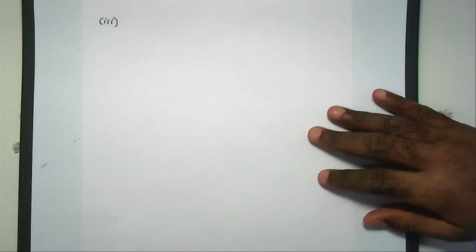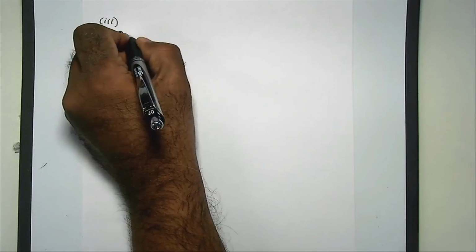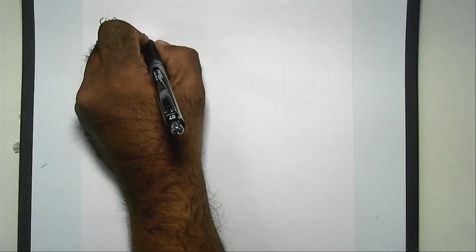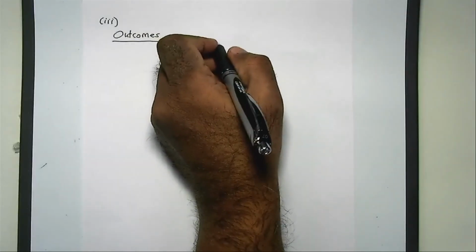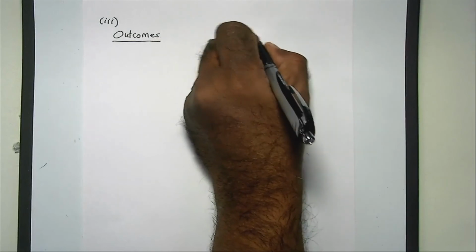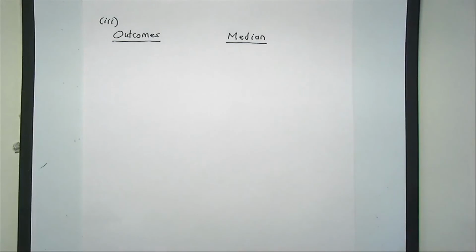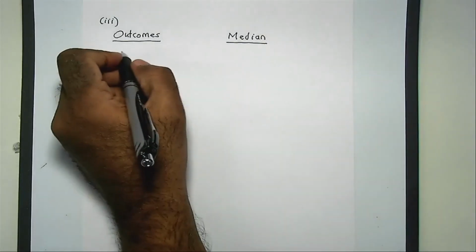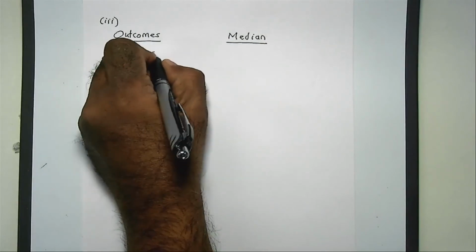All right, so I'm going to start a new table here. The first column are the outcomes. And the second column is, let me call it median. Remember, median is the middle value when you order the data. Right? So outcomes are the same as before, which is 3, 7, 9.